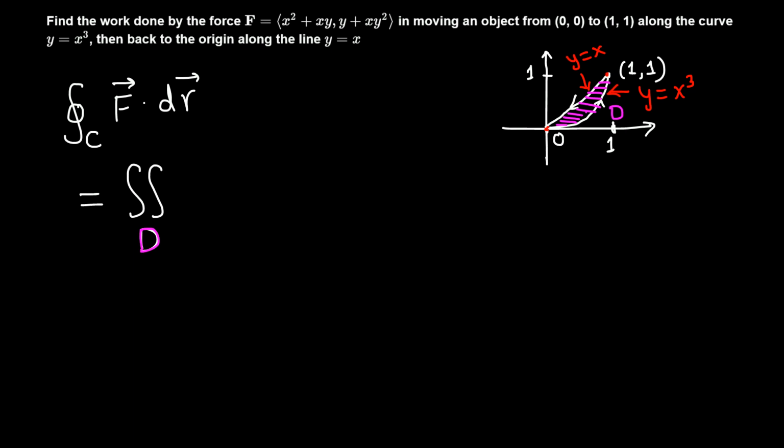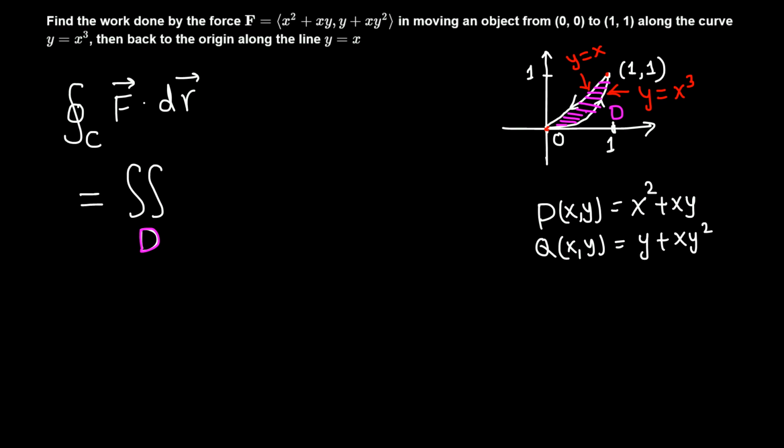Over D of the components of F, which are P and Q. In fact, P is a function of x, y, the first component of this F, which is x squared plus xy, and Q is the second component, y plus xy squared.